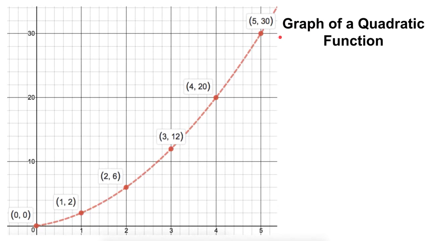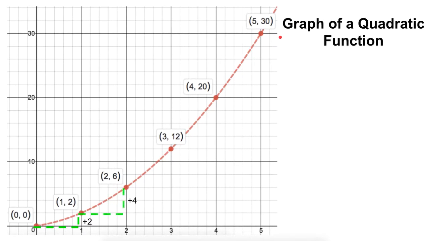Well, this looks very similar to an exponential graph. So how do we know whether this is linear or exponential? Well, let's do a similar exploration as we did with the table. As x increases by 1, y increased by 2 between 0 and 1.